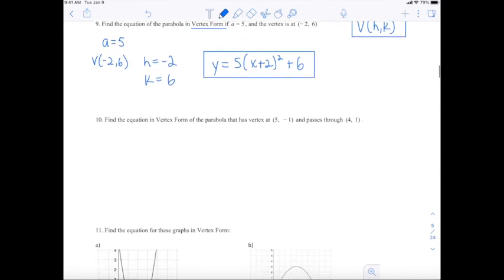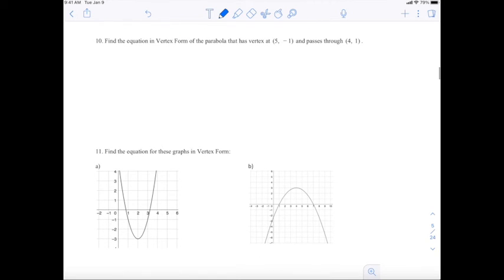To do the next question, we're going to have to do a little bit more solving. So in this case, I'm going to start with vertex form. And then I'm going to look at the information I'm given. So I know the vertex is at (5, -1), meaning h is 5 and k is -1. And it passes through (4, 1). So actually we aren't directly given a parameter, but what I can do is I can first sub in h and k.